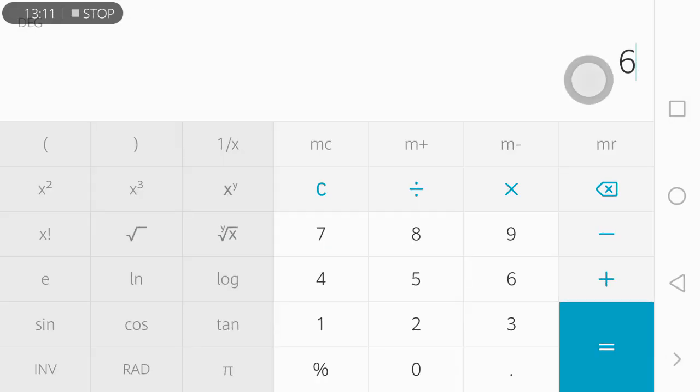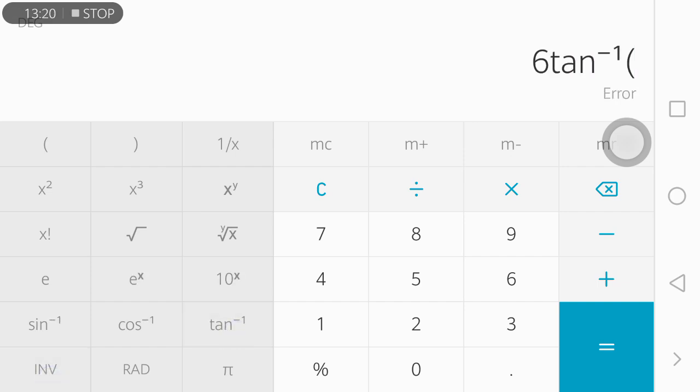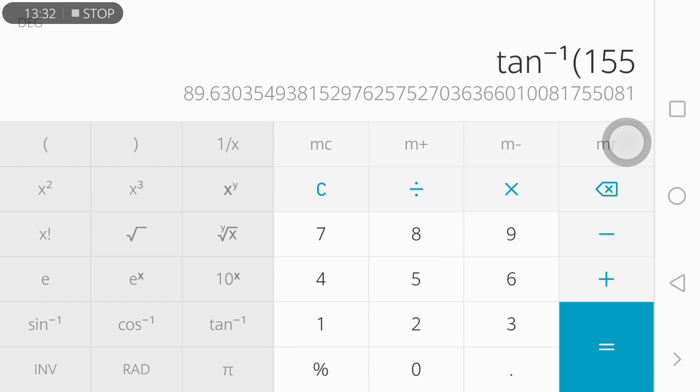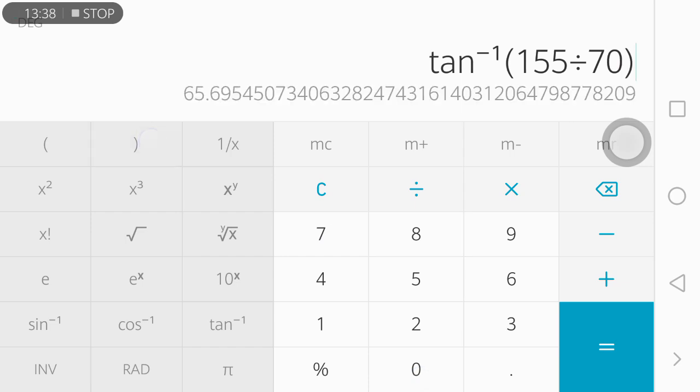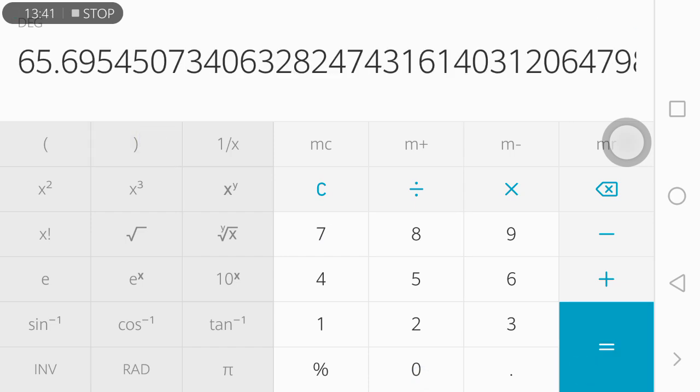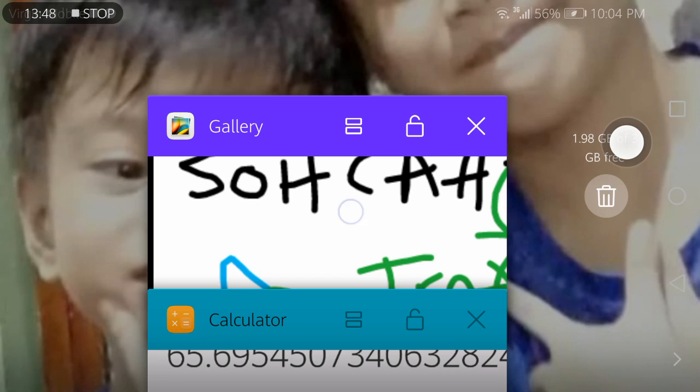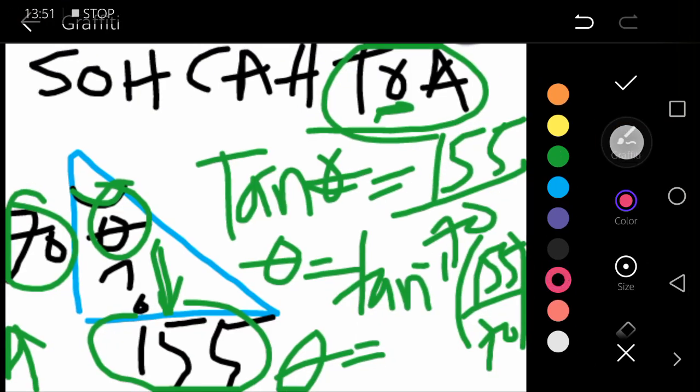So the degree equals, using the scientific calculator: click inverse, then tangent, then 155 divided by 70, equals 65.7, or 66 degrees.